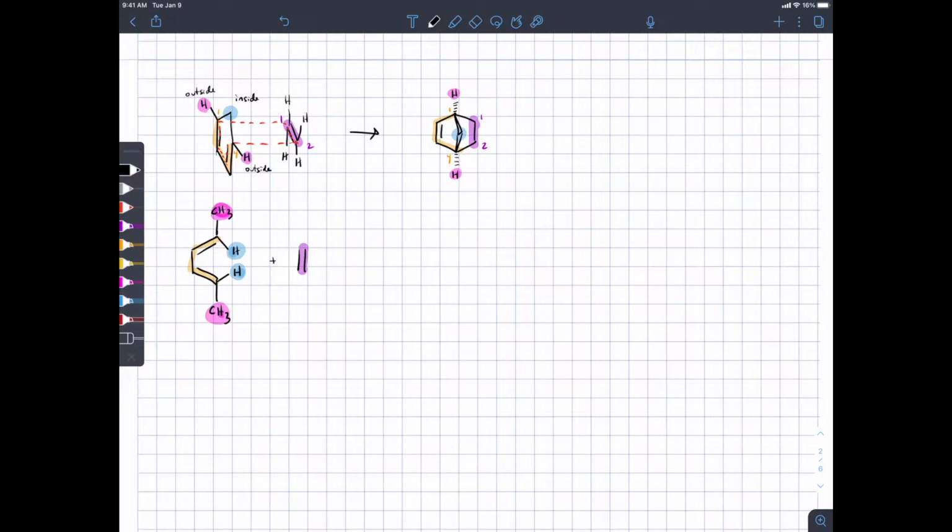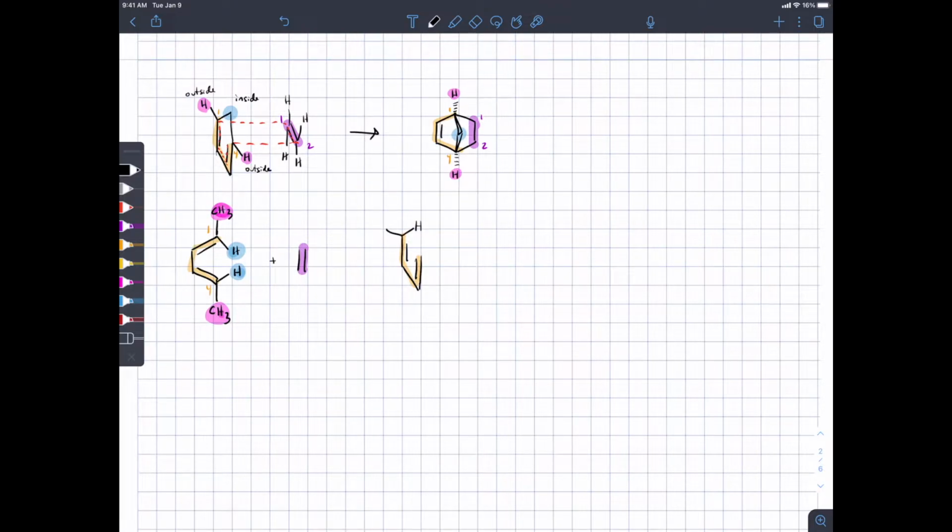Now let's draw the diene from the sort of side-on perspective. On carbon 1, we have a methyl group on the outward position and a proton on the inward position.